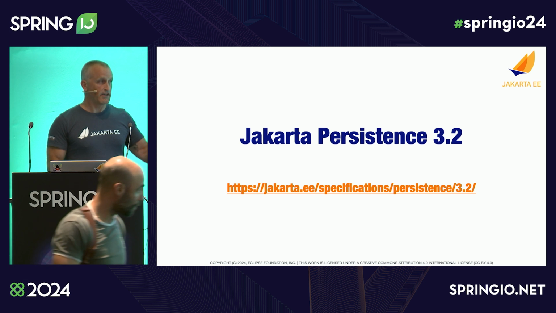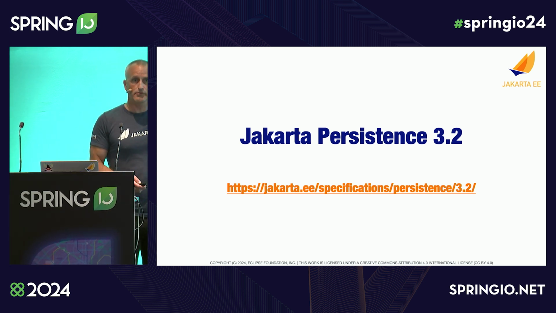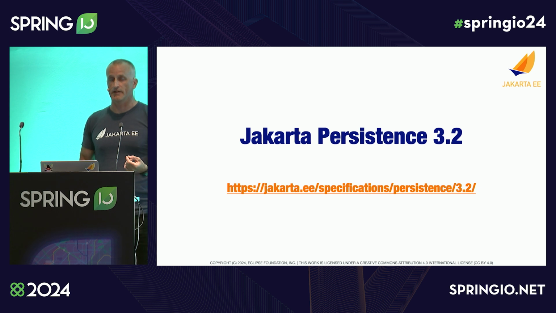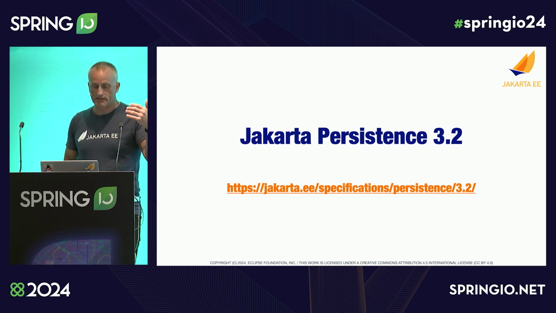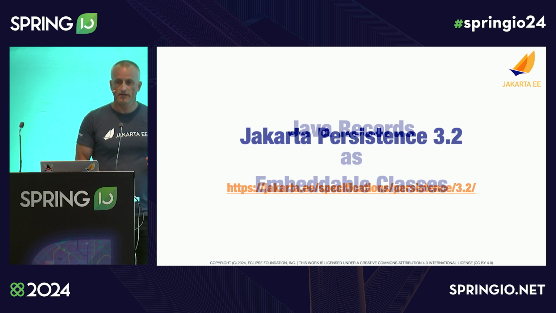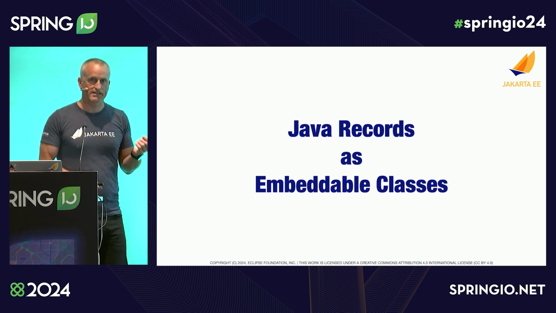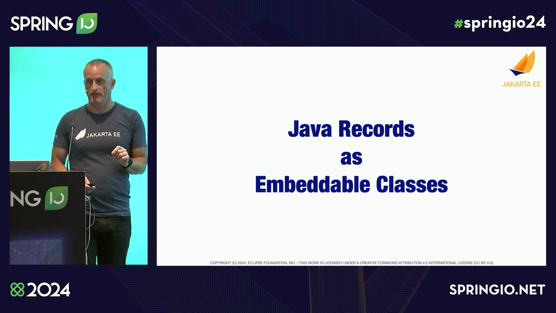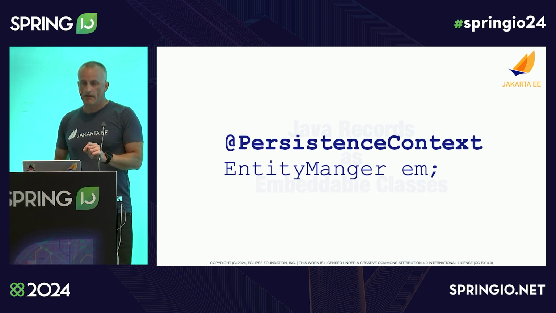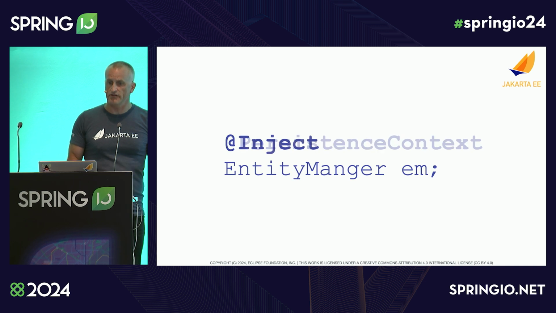And that is why it may be good for you to look at what's coming in Jakarta Persistence 3.2, because that's coming to you in November when Spring Framework 6.2, I think, is the baseline for Spring Boot. So you can now use Java records as embeddable classes, which is a pretty cool thing. This is not related to Spring, but if you for some reason are using a persistence context, you can now inject it.